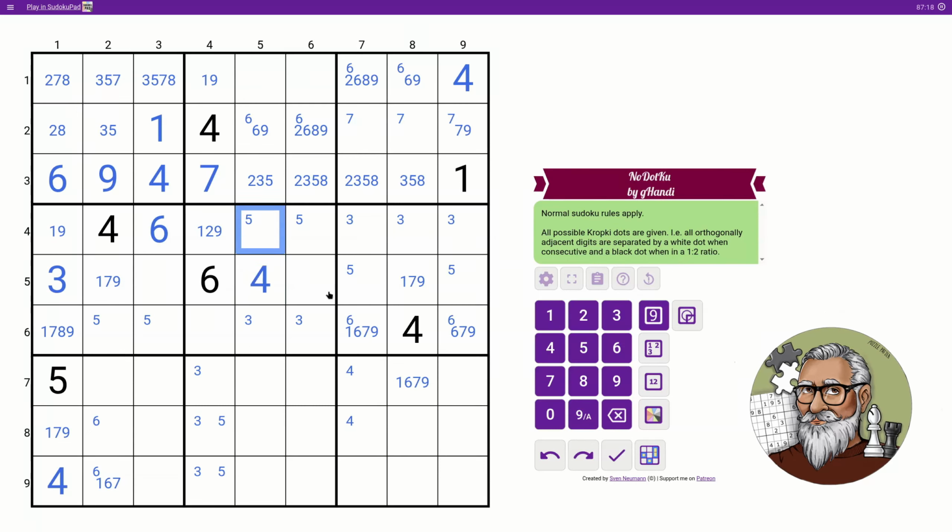Ah, that helps with these, doesn't it? No, but yeah, that's a 6. That definitely helps. That definitely helps.